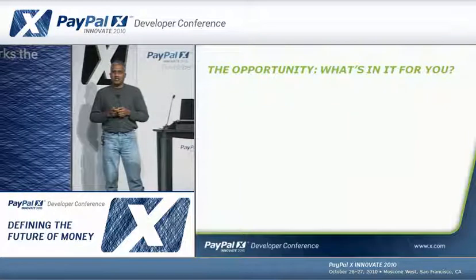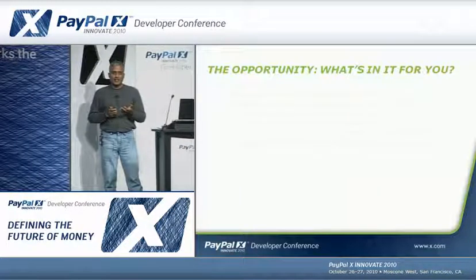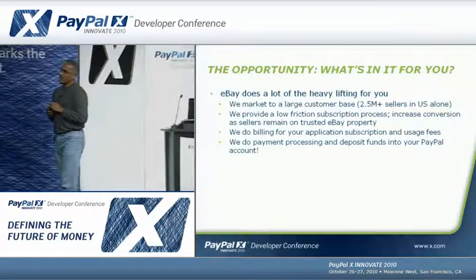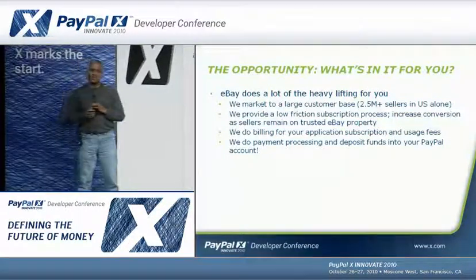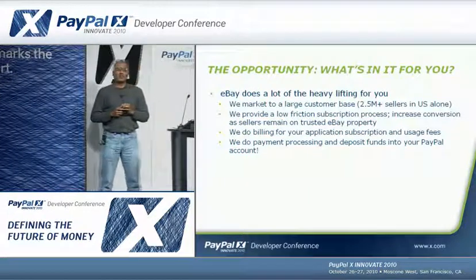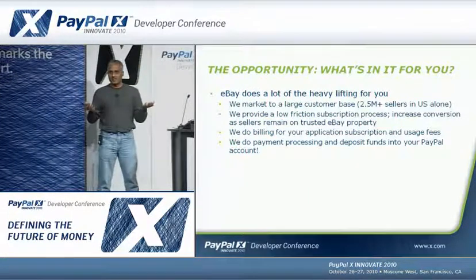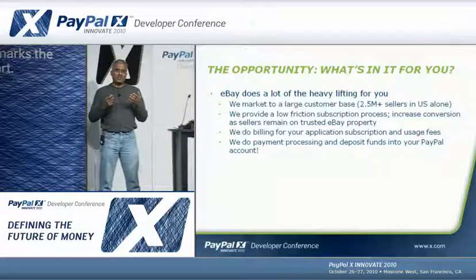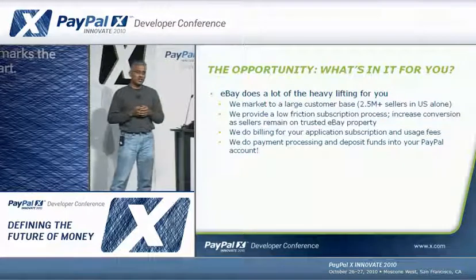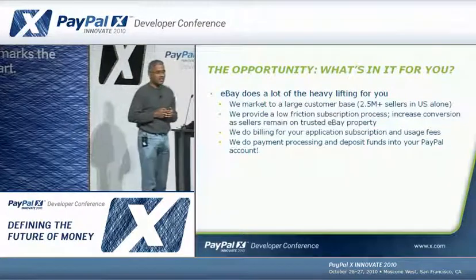Now let's talk a bit about the opportunity again. We do a lot of heavy lifting for you. It starts with bringing the right level of exposure to your idea. We are starting with 2.5 million sellers in the US to broaden to the rest of the world over time.